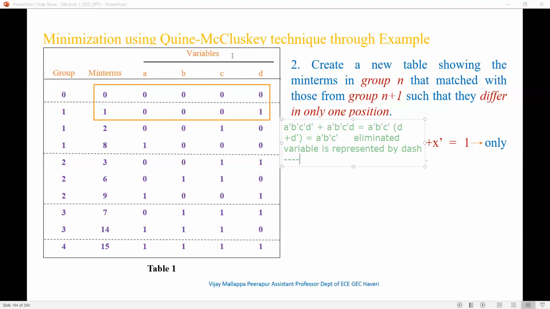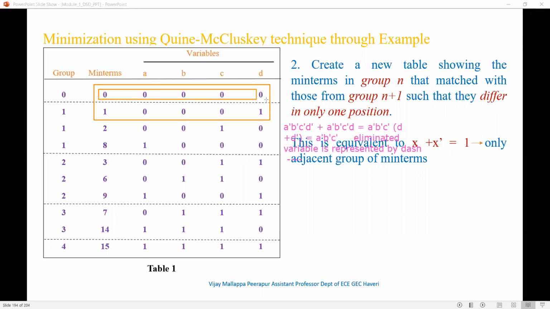Similarly, what we do next, we compare, again similar to this one. You can see from here, there's 0, we have it here. And again, you can compare 2 here.